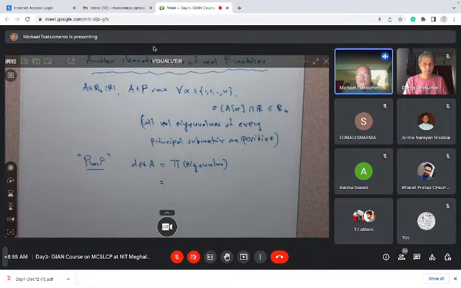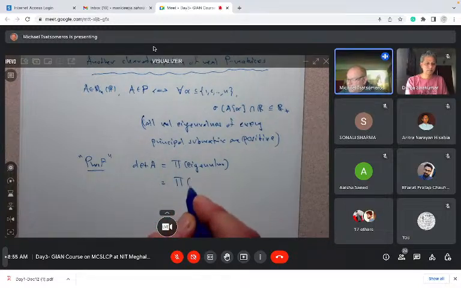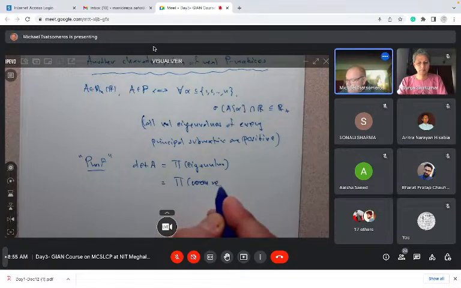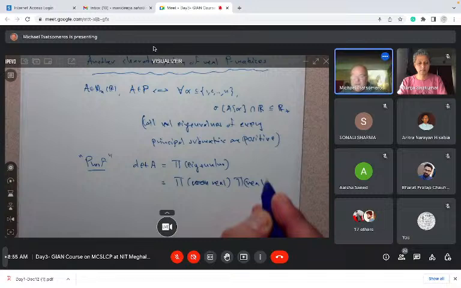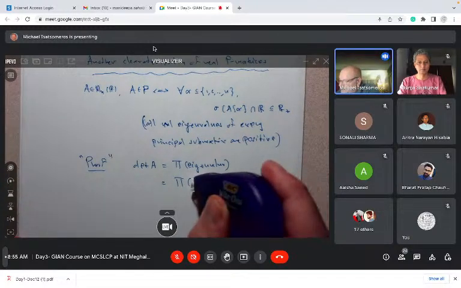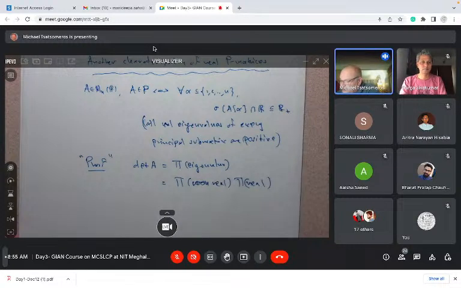So if this condition holds, it's the product of the non-real eigenvalues times the product of the real eigenvalues, right?